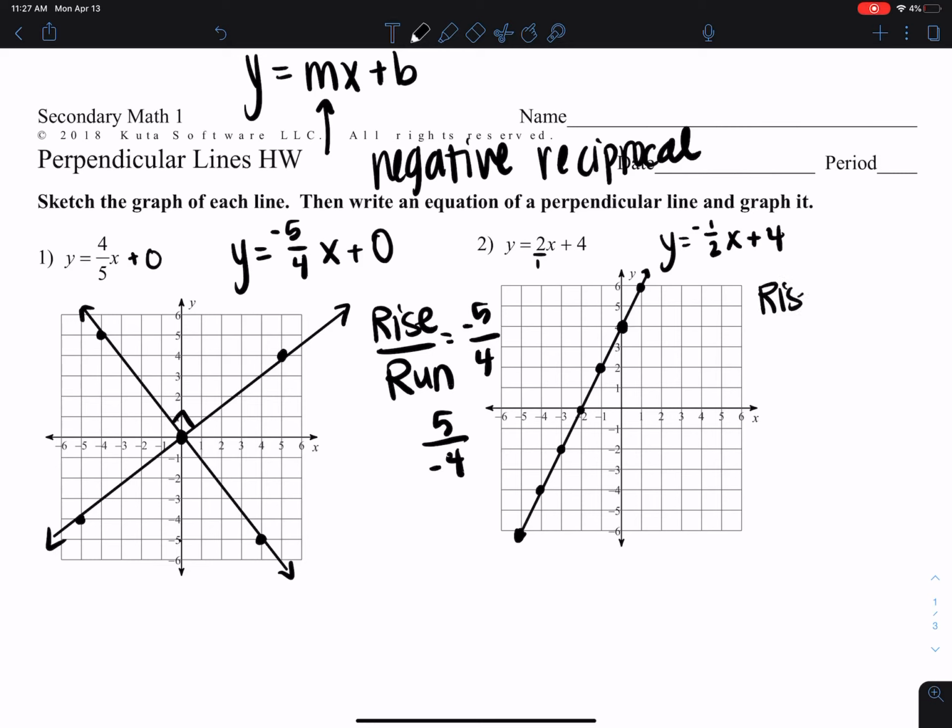So for the rise over run, we have -1/2, or we can write it as 1/-2, because it doesn't matter if the negative is in the numerator or the denominator, but that way it gives us both the left direction and the right direction. So we can either go down 1 and over 2 to the right, like this, or we can go up 1 and to the left 2, like that. And that gives us our perpendicular line. You can see that it forms a 90-degree angle, so that means that we did it right.